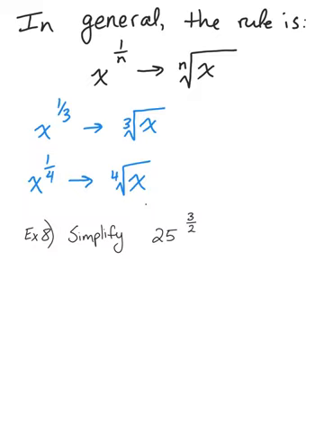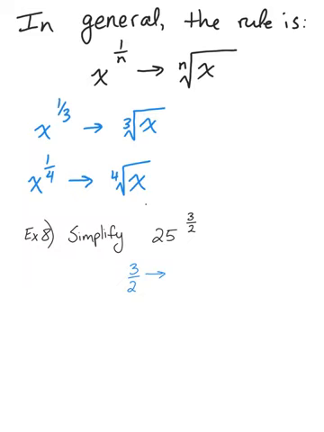So the key here is to recognize that what we are doing is rewriting this as a root and an exponent. One thing that we should know is to make 3/2, I can split this into two numbers.